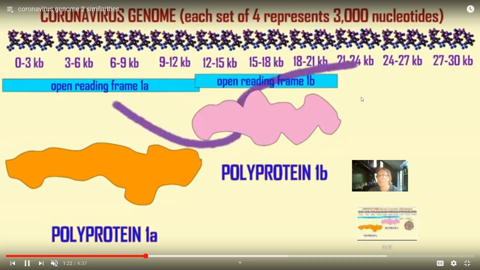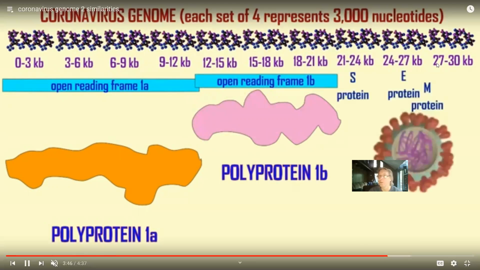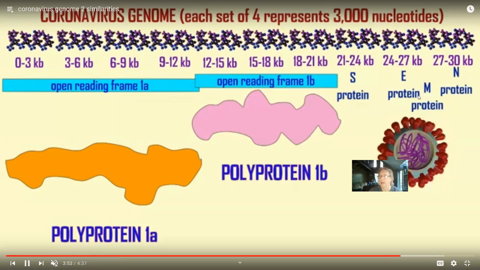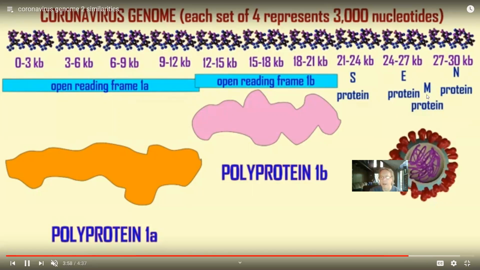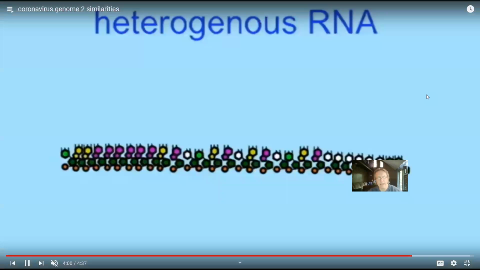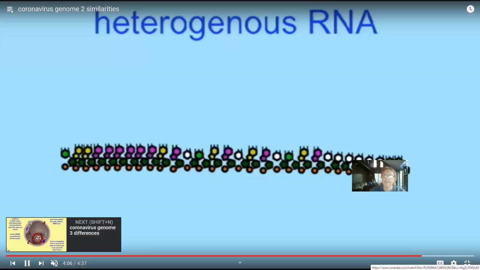Coronaviruses belong to a group of viruses called nidovirales, from nido, which is the translation of nest, because you have these proteins, the spike protein, the envelope protein, the membrane protein, the N protein, all coded in the same order at the end of the genome.